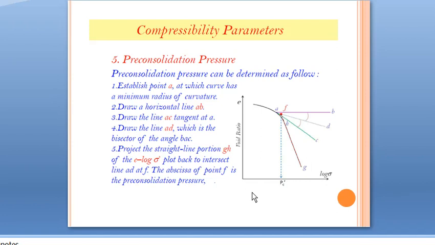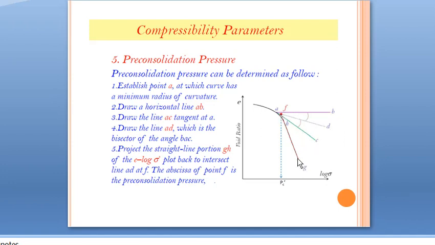Okay, so I'll explain the procedure again. Initially draw the e-log sigma plot, and in that curve find the point A where the radius of curvature is minimum, and from A draw a horizontal line AB and also draw a tangent AC. Then draw the line AD, which is the bisector of angle BAC.